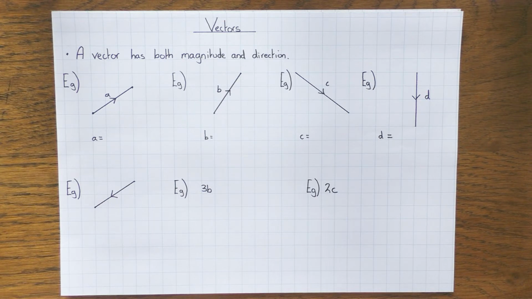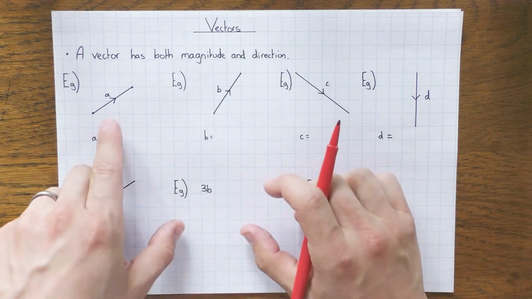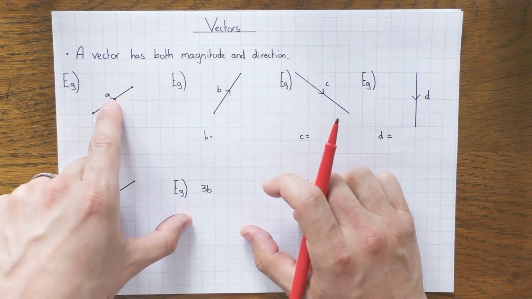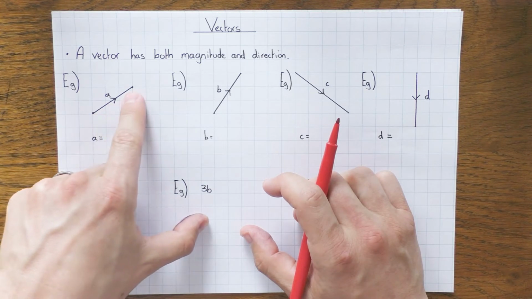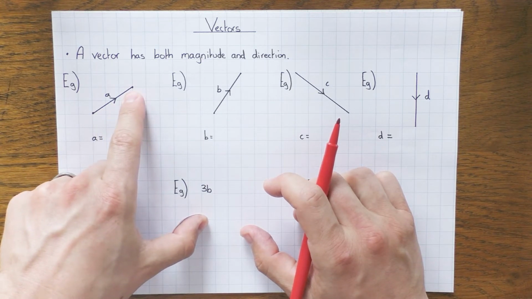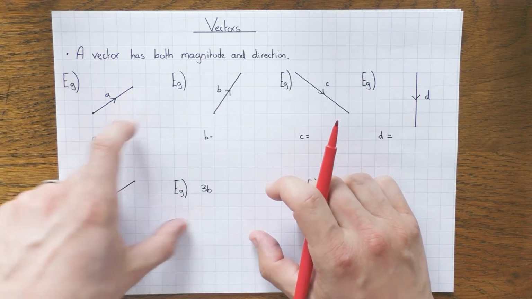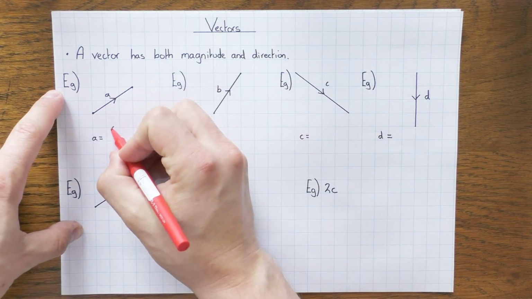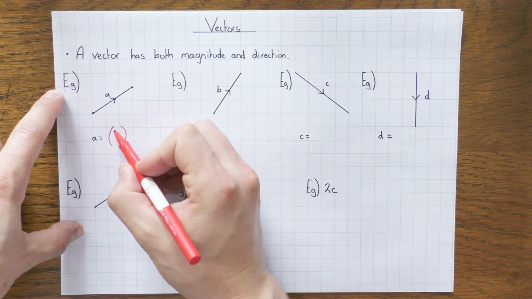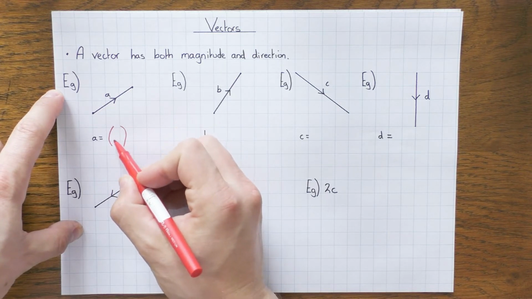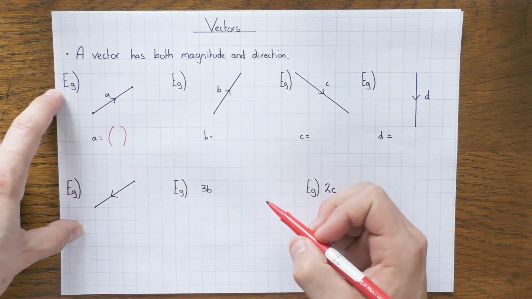And that's exactly what we're going to be doing now in our first example. Hopefully this isn't too unfamiliar. Here we have a vector called A, and you notice there's an arrow. This is the direction we're going, from this point to this point. We write this as a column vector, where the top number is the x value, so left or right, and the bottom one is y, which is up or down.